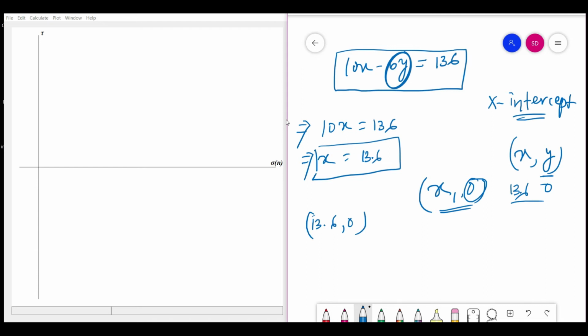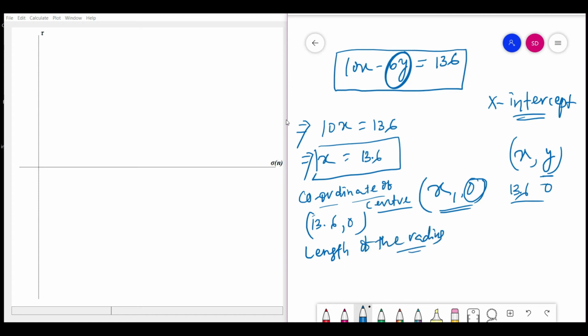Now this is the coordinate of the center, and we need to calculate the length of the radius.